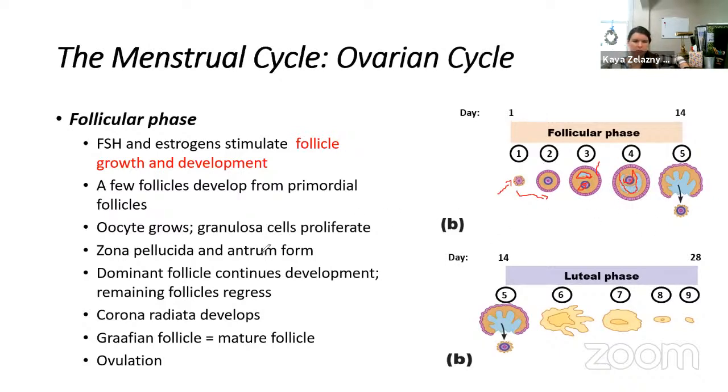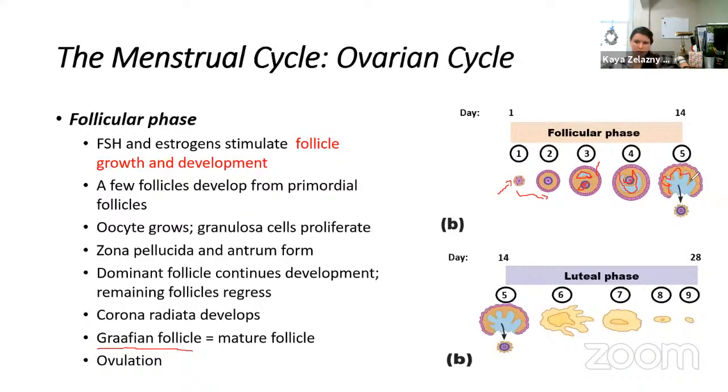until we end up with a larger follicle that we're going to call a Graafian follicle. So we're going to call our mature follicle a Graafian follicle. And in the Graafian follicle, the antrum, this fluid-filled compartment, gets so big that ultimately it's going to burst.